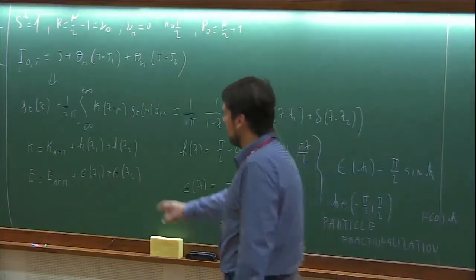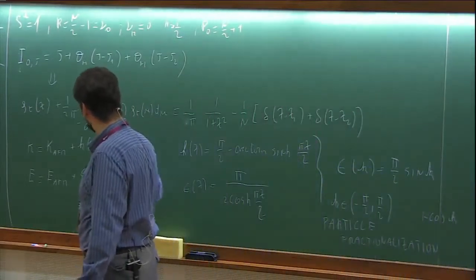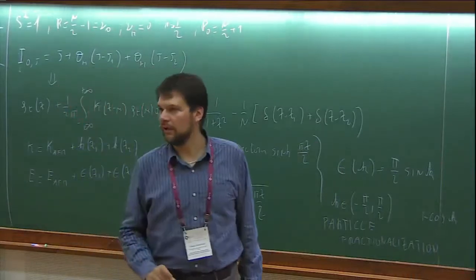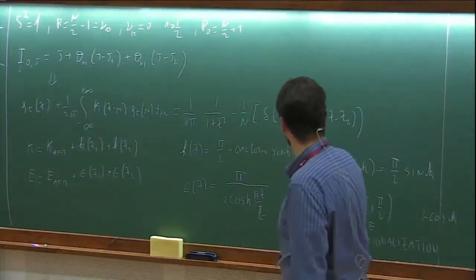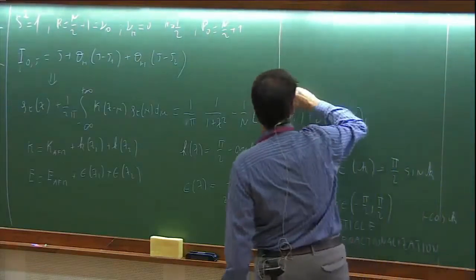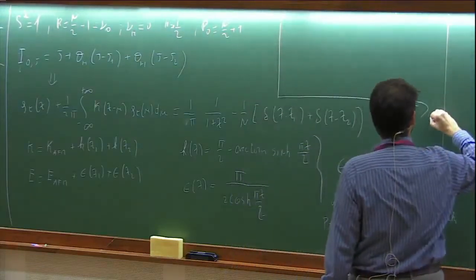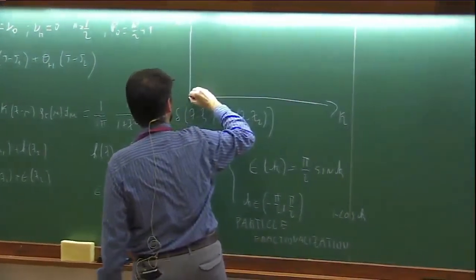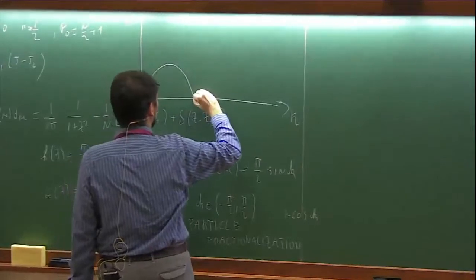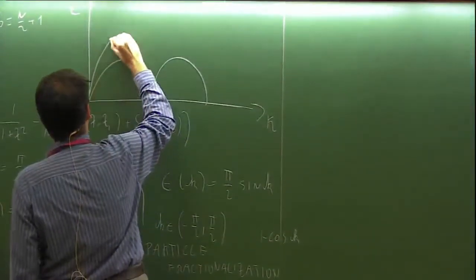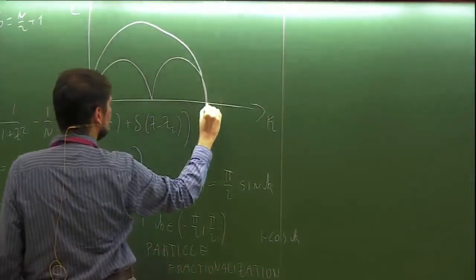And when you write the dispersion relation of this 2-spinon wave function in terms of the total momentum, which will be k1 plus k2, it has a very famous shape, which my drawing ability will not give full credit to.